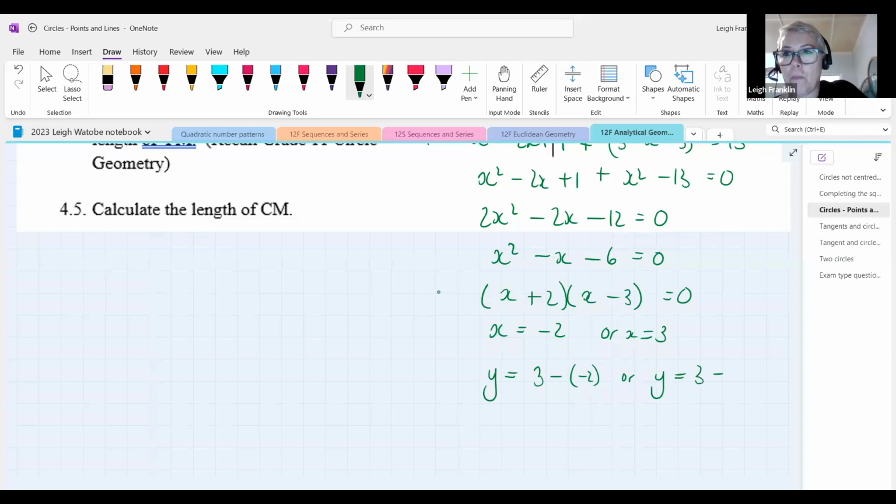It must be 3 minus negative 3. Oh, there was a mistake. Yes, it's fine. So what we should have ended up with was 5, or 0. That's it.